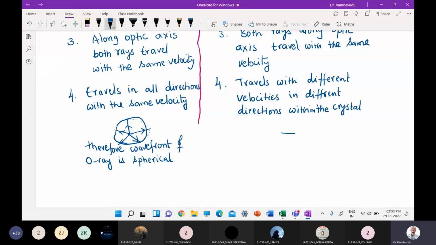That means in this direction it may go faster, in another it may go slower, and in the opposite direction it may be the same.